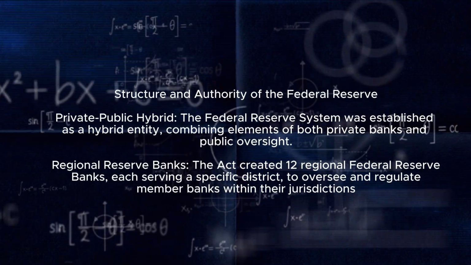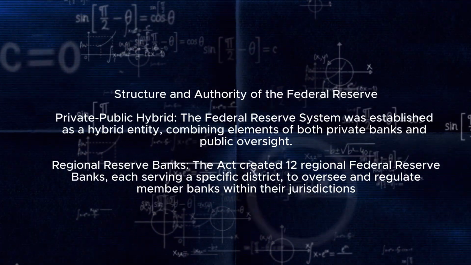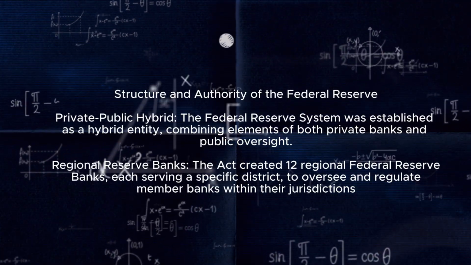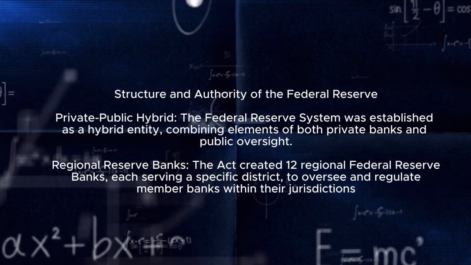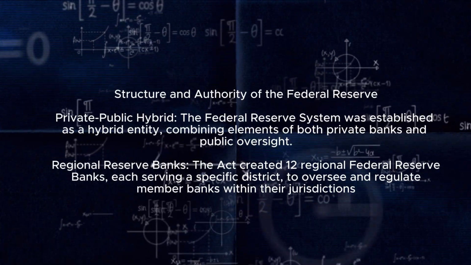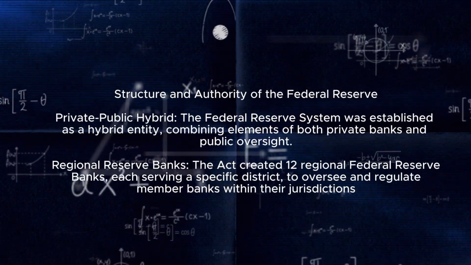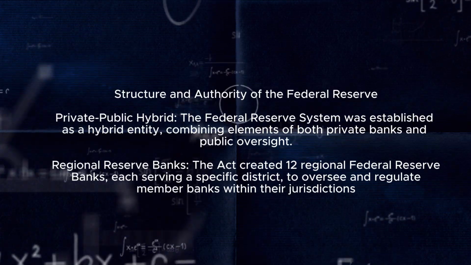Private-public hybrid. The Federal Reserve System was established as a hybrid entity, combining elements of both private banks and public oversight. Regional Reserve Banks. The Act created 12 regional Federal Reserve Banks, each serving a specific district to oversee and regulate member banks within their jurisdictions.